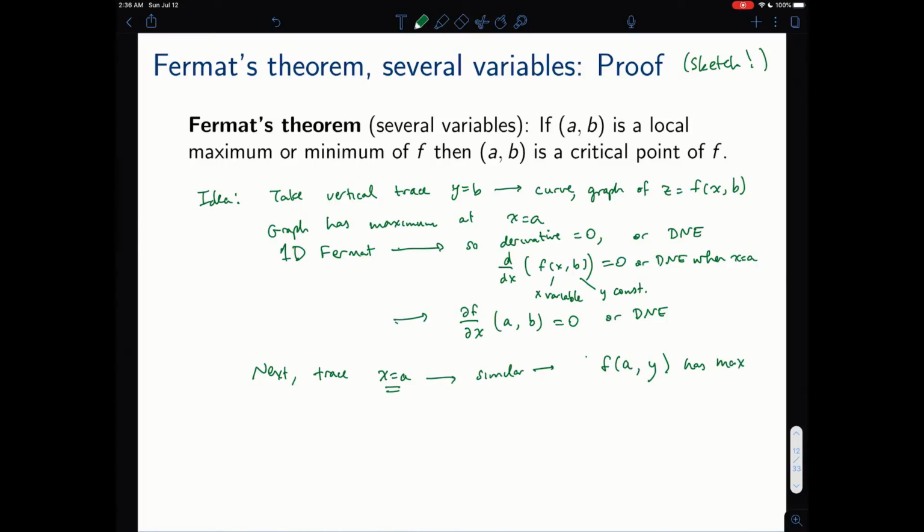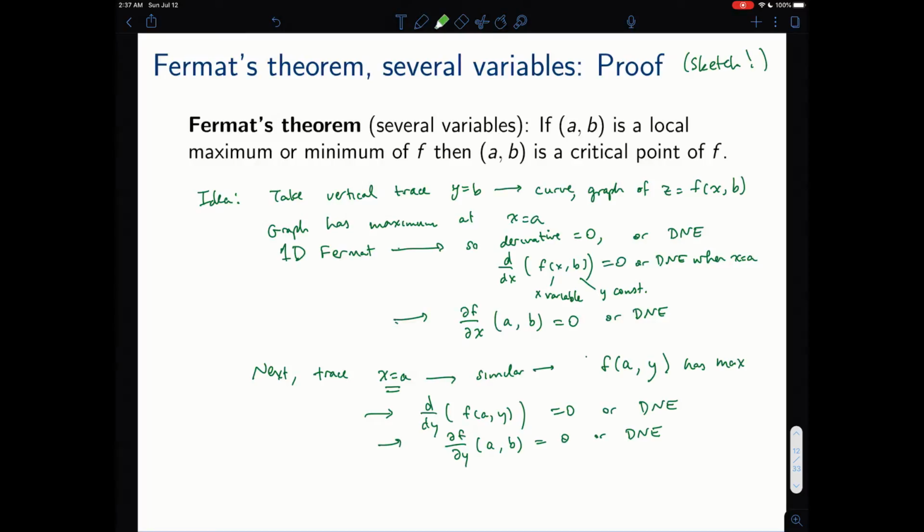In terms of our metaphor, it's the same hill, but with the road going over it the other way. Instead of the east-west road, now this is the north-south road over the top of the hill, but it still goes over the top and has a maximum. So the derivative of that function is 0 or does not exist, and so the partial derivative of the function with respect to y is 0 or does not exist.